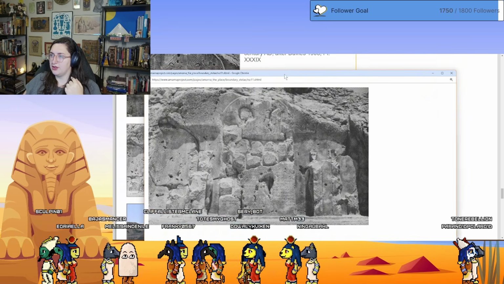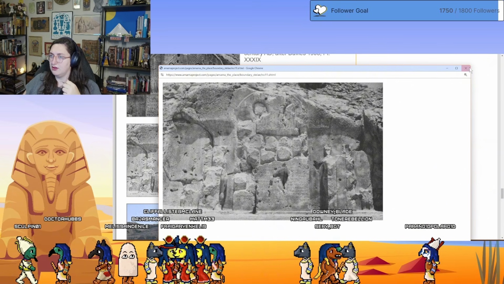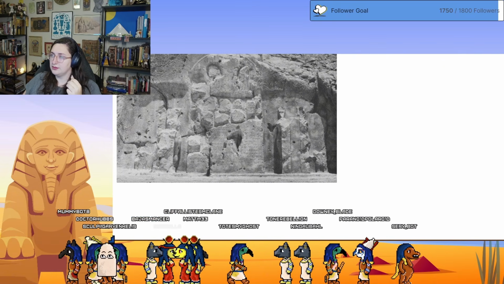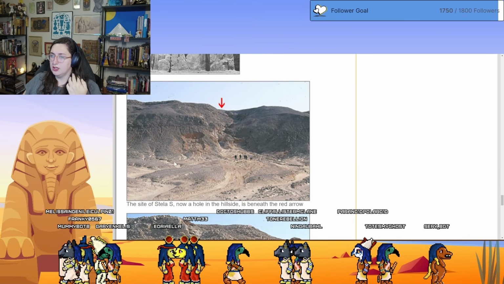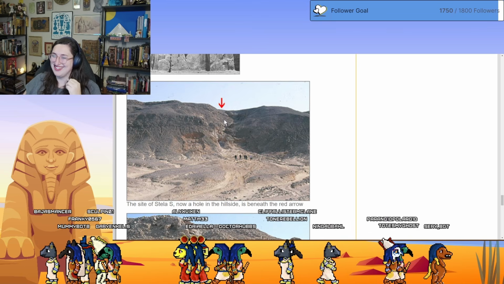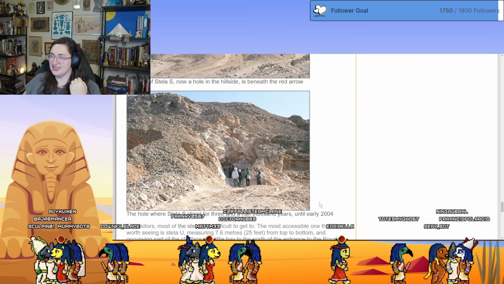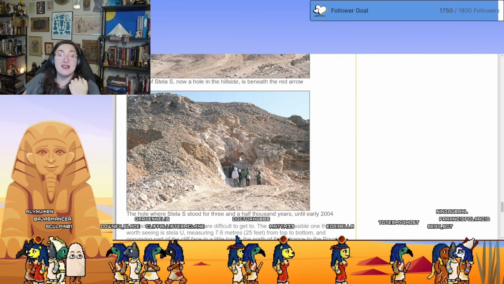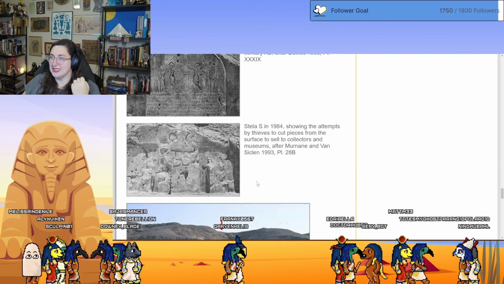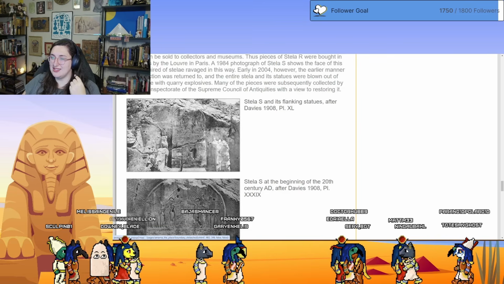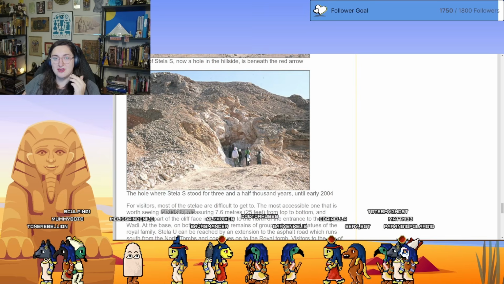God, look how awful that looks. They're trying to carve little sections. Oh my god, that's horrible. That's so bad. So that's where Stela S is. But so that's where it was. So this is now what it looks like in 2004. My god. 1908, 1984, and now it is a giant hole in the ground.